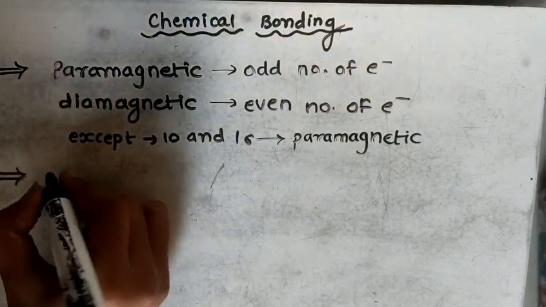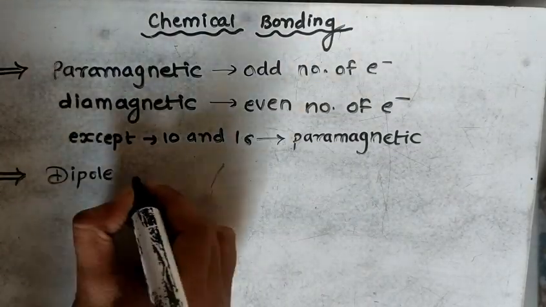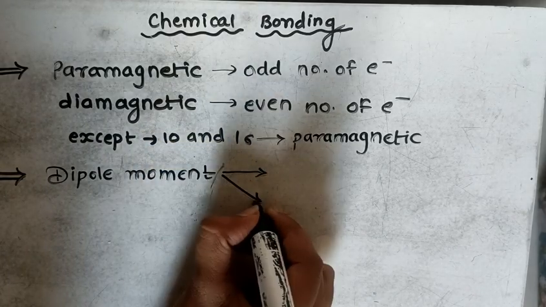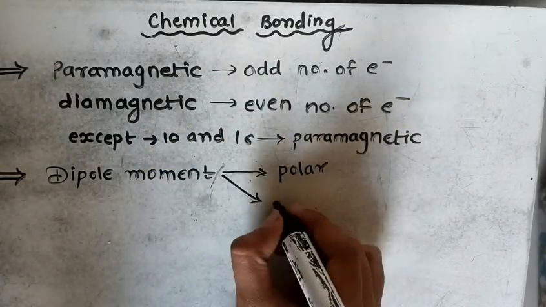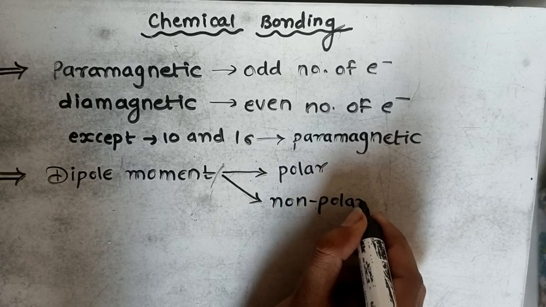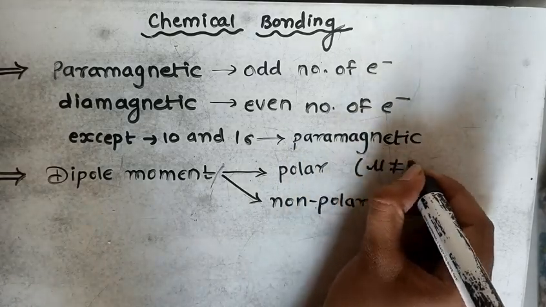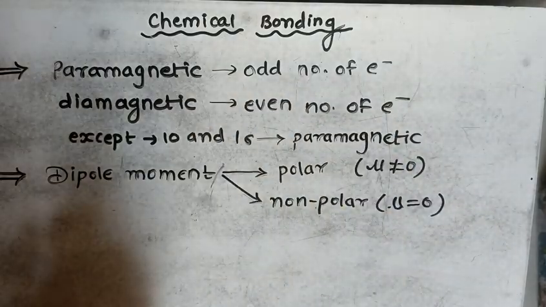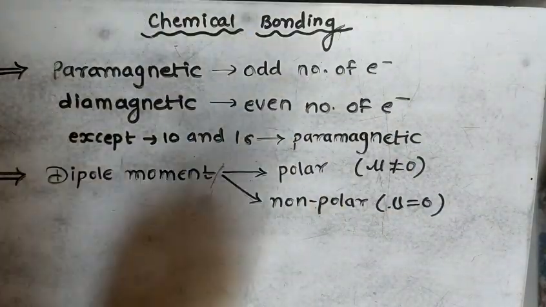Similarly, I have one more thing about dipole moment. Dipole moment is of two types, one is polar and one is non-polar. Wherever mu is not equal to 0, it is the polar one, and where mu is equal to 0, it is the non-polar one. I have a trick for this.